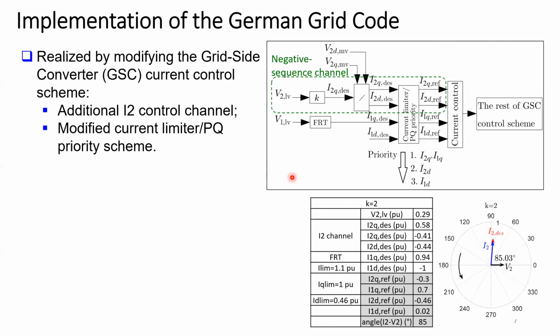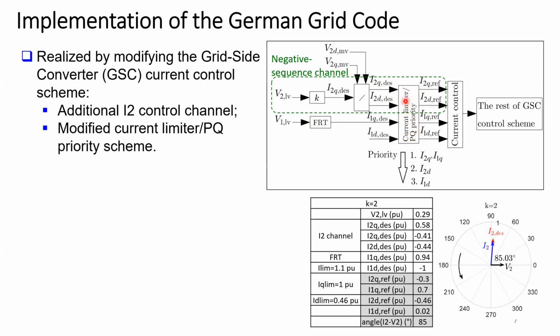Here's an implementation which is realized by modifying the grid side converter control, GSC. There are two key modifications. One is the addition of an additional negative sequence current control channel. The second modification is the current limiter or PQ priority scheme.